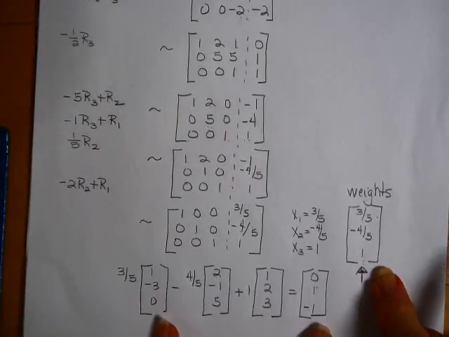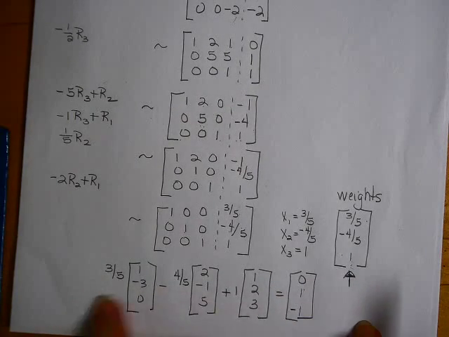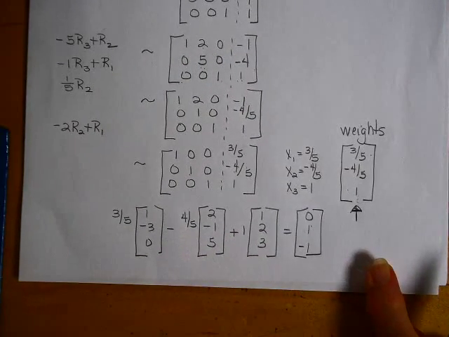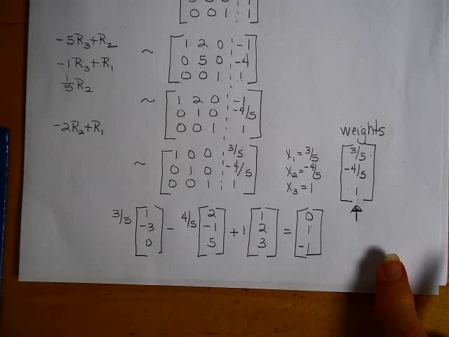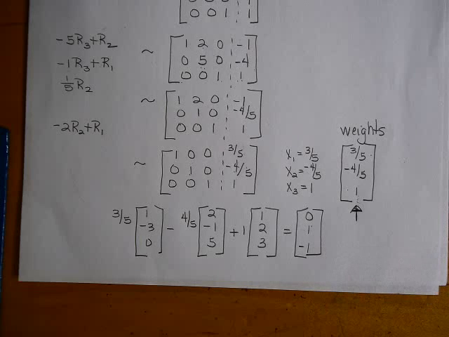Solving that is what this says. I can write b as a linear combination of the columns of A. That's what that says, okay?